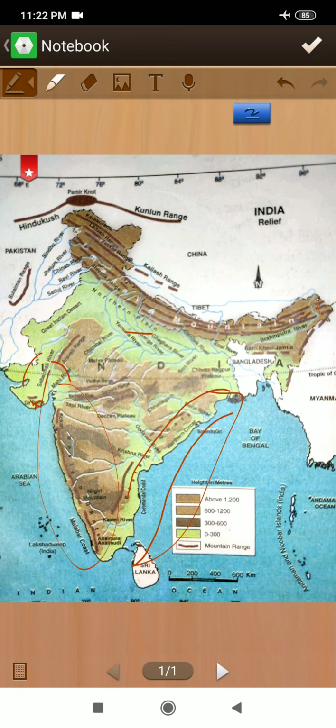There are many natural ports on the western coast, which include Mumbai and Mormugao. Natural ports means not made by humans; they are very natural, like Mumbai and, in Goa, Mormugao.